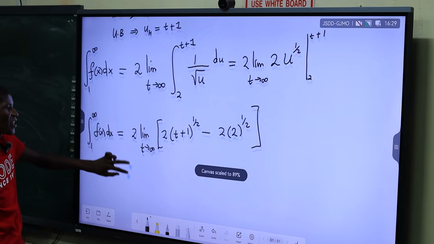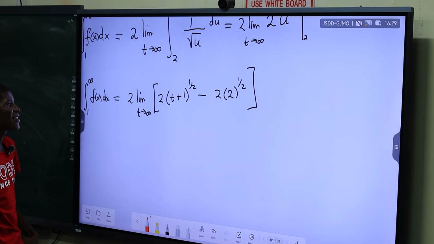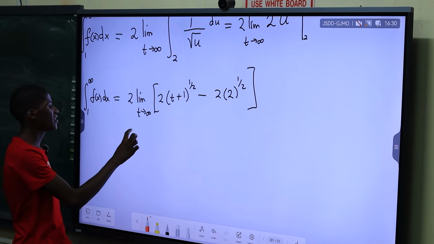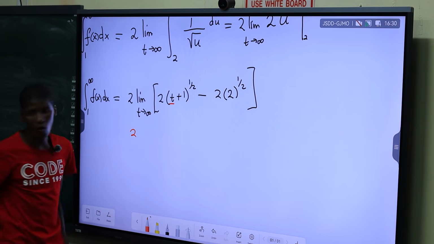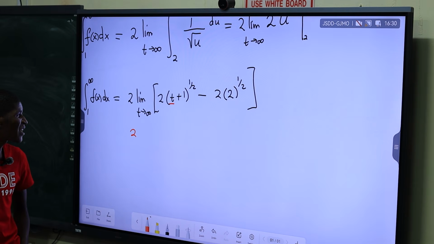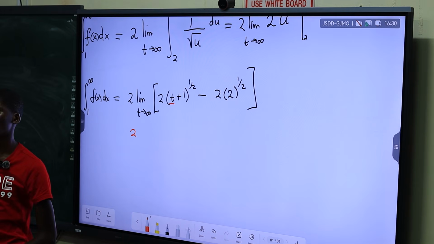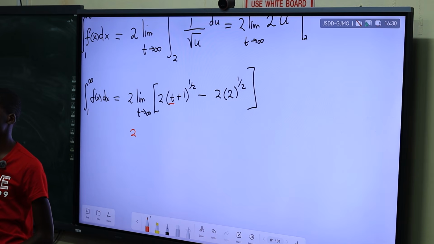All right, let's now do the analysis here. When we do the analysis, what happens? 2 times this t, is it increasing? As t goes to infinity, what happens? What happens as t becomes bigger and bigger?